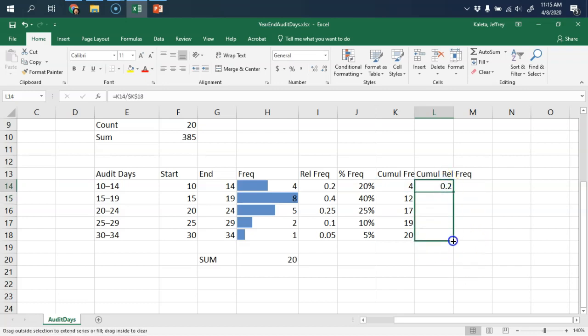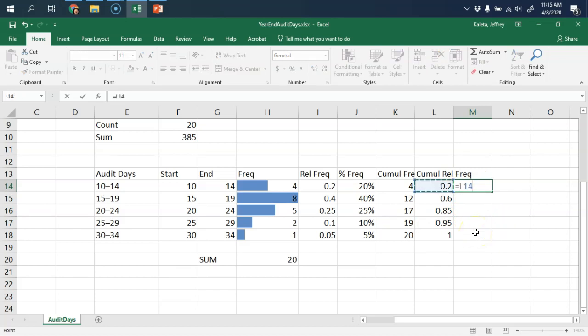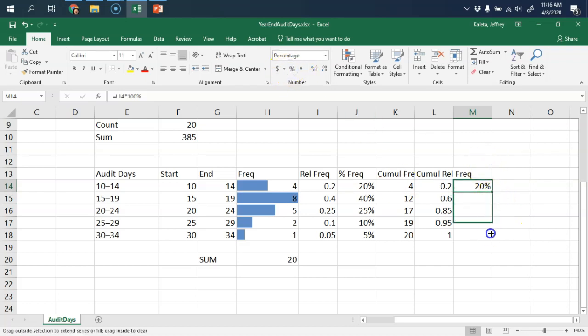Now I have all of those. You can see that these first three values make up 85%, or 0.85, of the entire population. Of course, this is equal to nothing more than the cumulative relative frequency times 100%. Then we need to format that to a percent value, and you can see the last item is 100%.